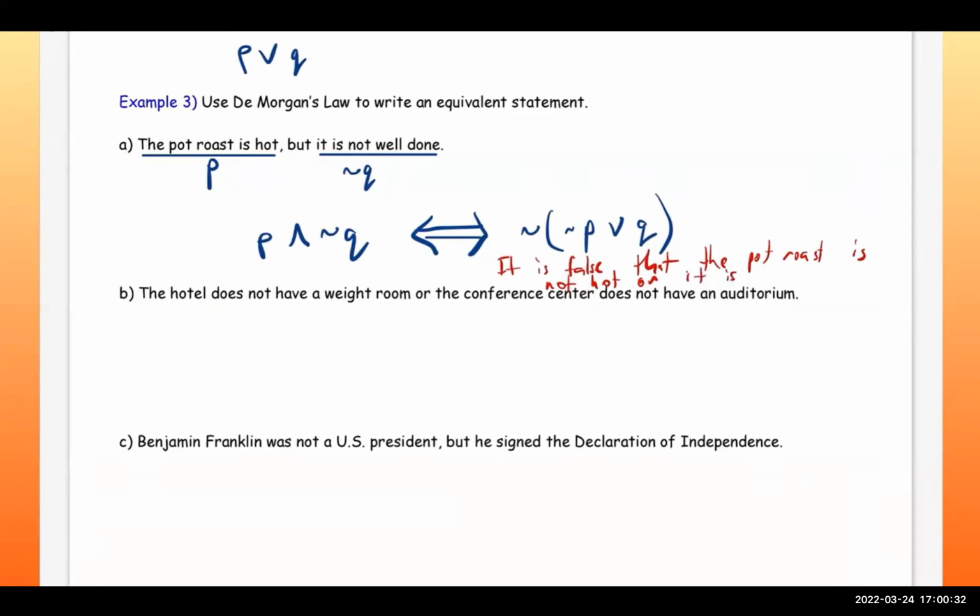All right, so we use De Morgan's law. It is false that the pot roast is not hot, or it is well done. All right, let's look at the next one.